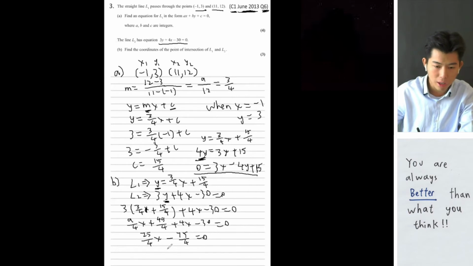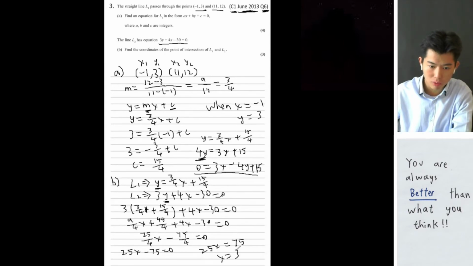From there, just times everything by 4 first. So it would be 25x minus 75 equals 0, and 25x equals 75, so x equals 3.